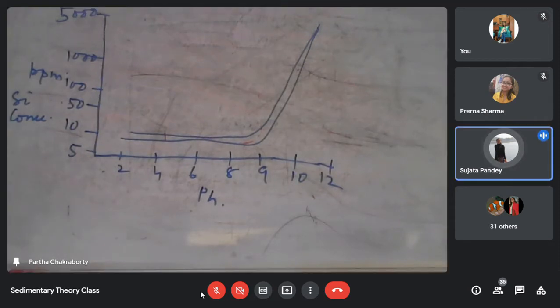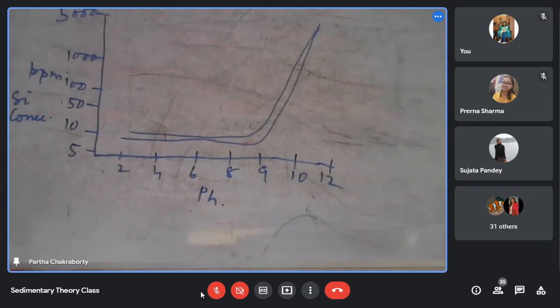Sir, what is written on the y-axis? Silica concentration in ppm, and on this side is pH. This is the solubility curve of silica with respect to pH.